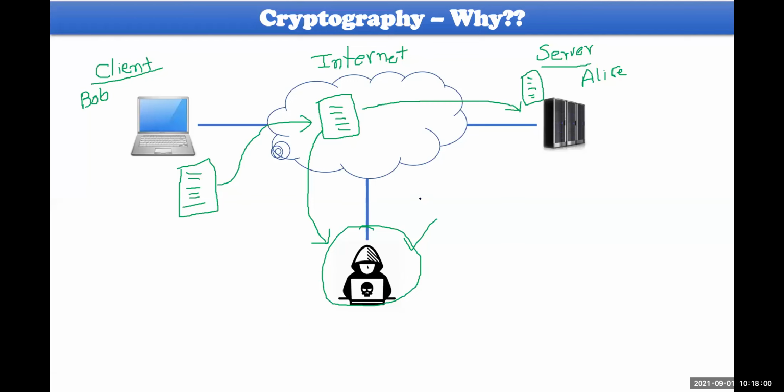Let me use some other color. So this message will be slightly changed, something like this, and this data will be sent onto the internet on behalf of Bob. On behalf of Bob, this data will be sent to Alice. For such things to happen, cryptography is required.